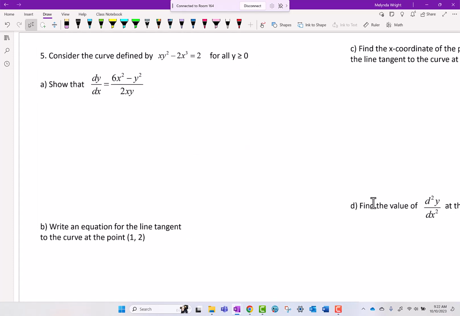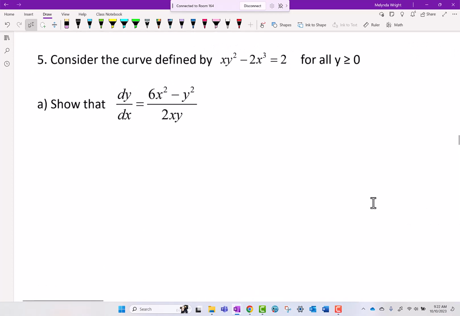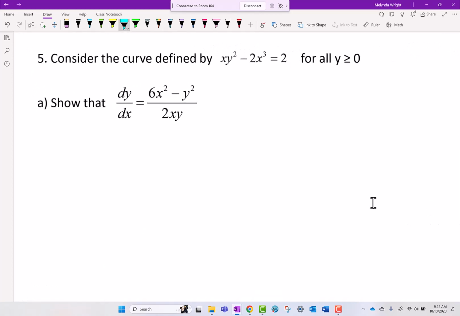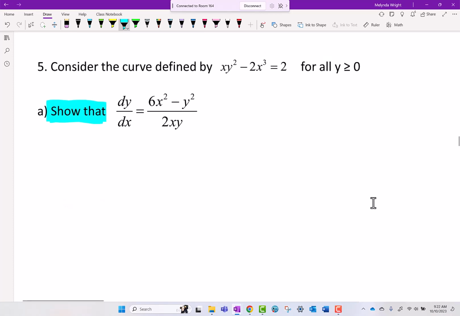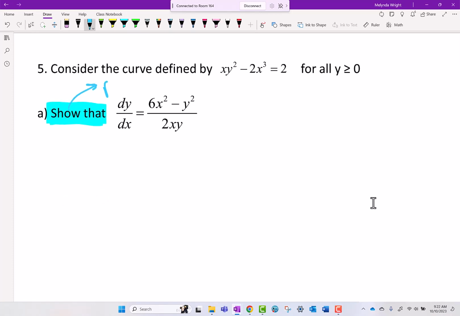So consider the curve defined by, okay, show that. I want you to look at this, show that. What does that mean? That's a typical thing to have to be asked. What does that mean? It means prove or go through the steps.